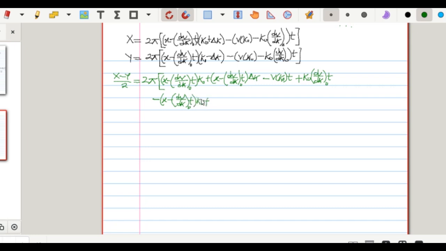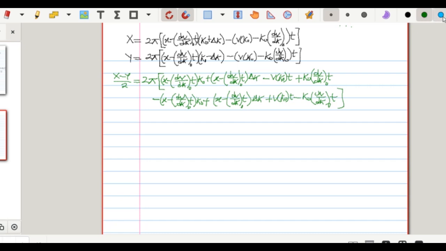Then this is plus, no, minus, with this minus become plus. Then we have plus x minus dv over dk naught t of change in k. Then minus with this will become plus v of k naught t, and then also minus with this will become plus, but then another minus on it will become minus k naught into dv dk naught of t.